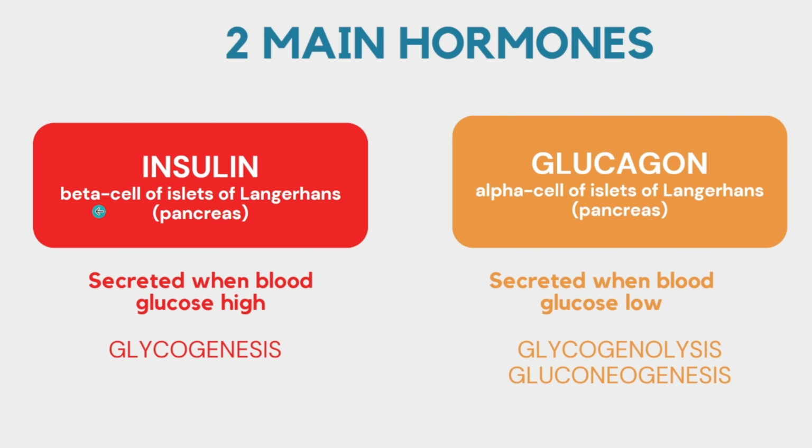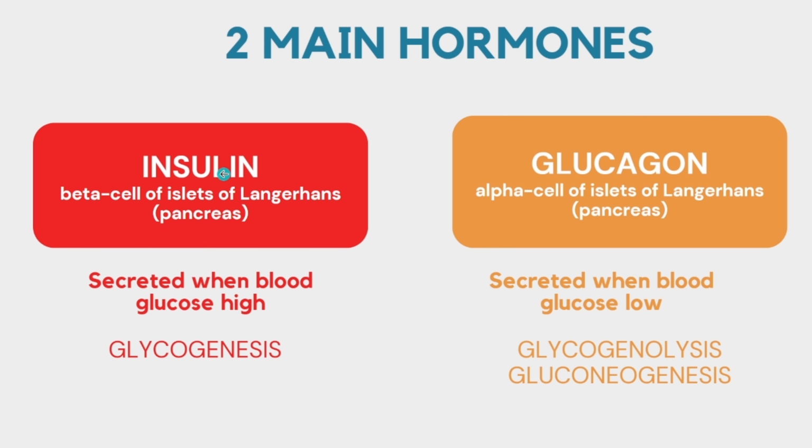Insulin is secreted from the beta cells of the islets of Langerhans. Glucagon is secreted from the alpha cells of the islets of Langerhans. This is very important, you must mention it. You cannot say only pancreas. If you just write pancreas, no marks are given, especially in structured and essay questions. You are required to be highly specific.